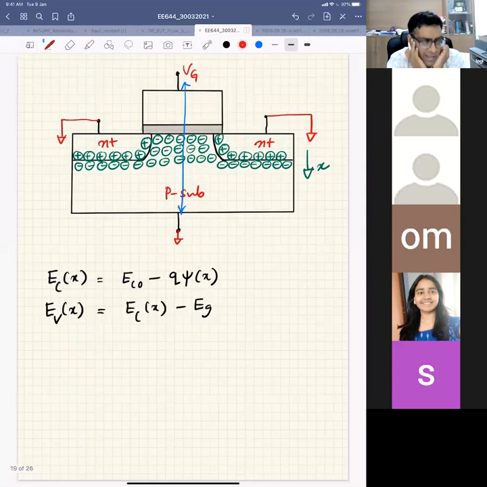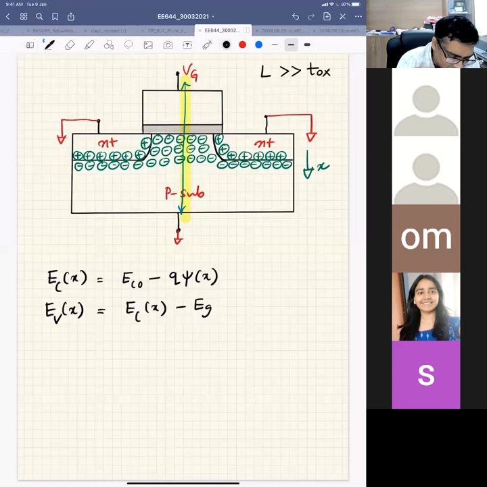So we'll start with the band diagram, because we'll write some equations, and for that we need the energy band diagram. If I look in this direction, from the gate to the body, and plot the energy band diagram, let's assume my length is much higher than the oxide thickness.